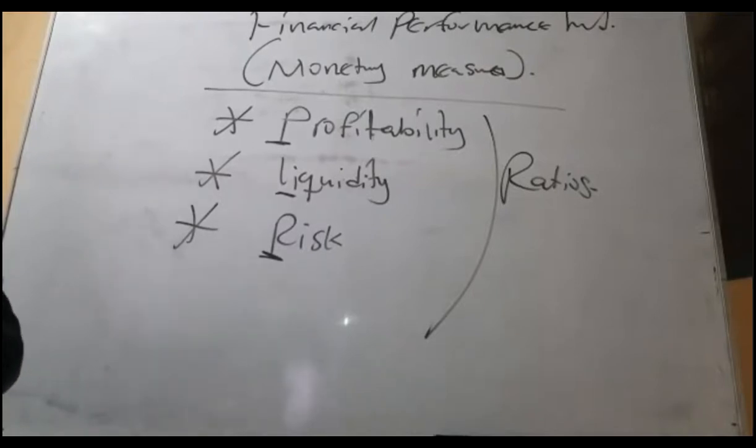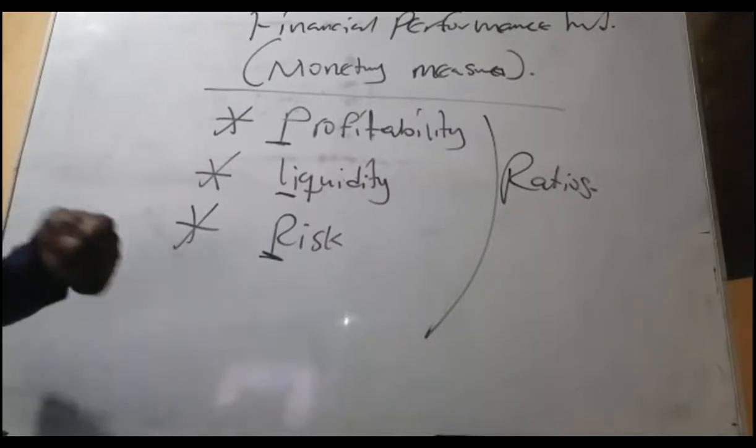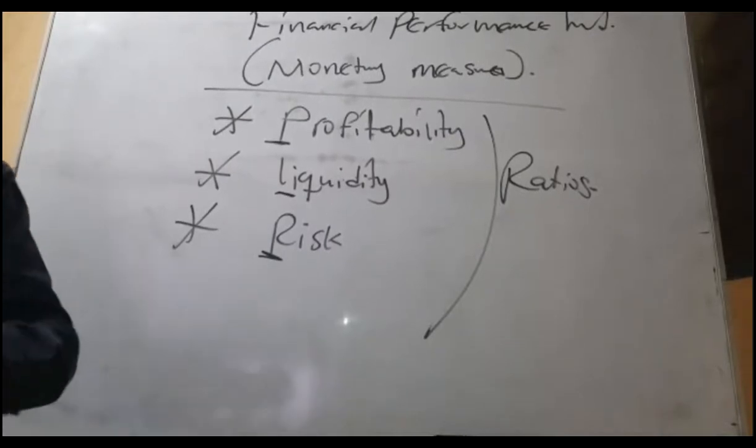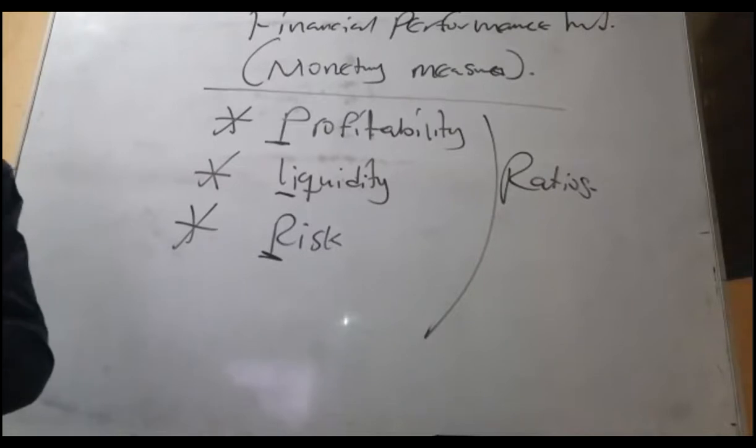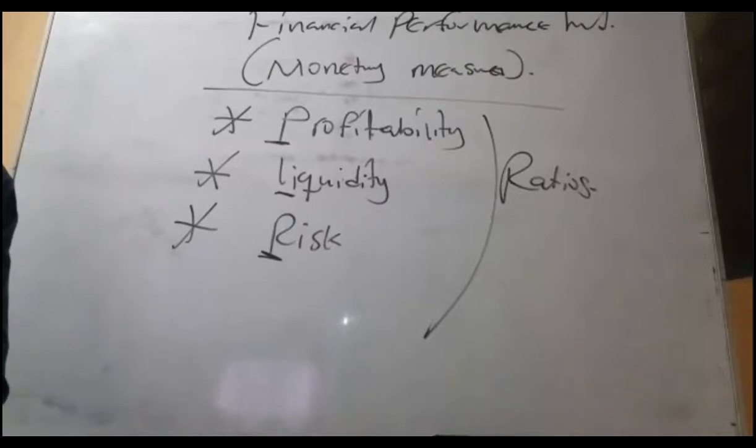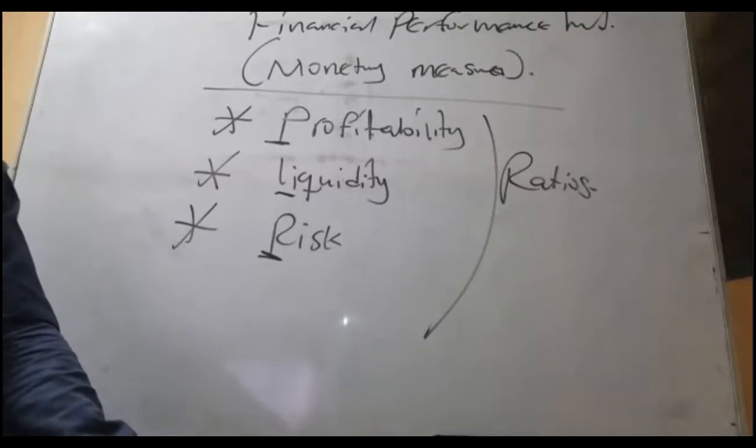So the critical ones are the revenue, your costs, your profit, your cash flow. Good. So let's basically look at a few measures. Then we are done.